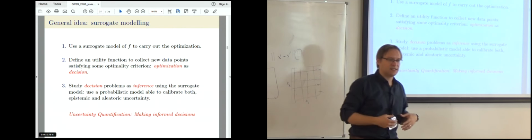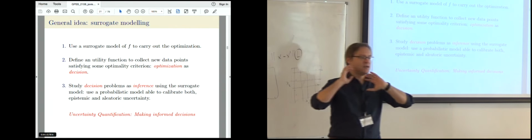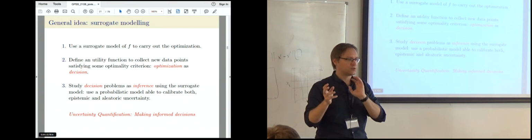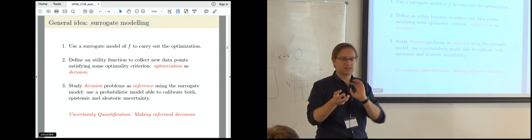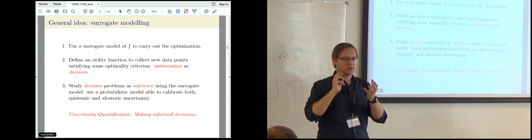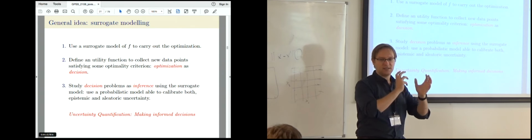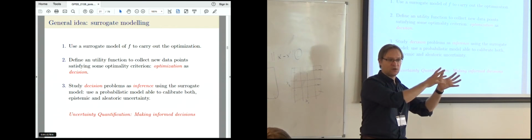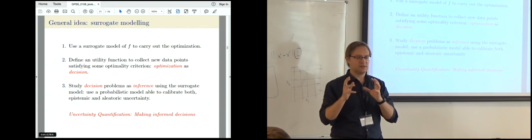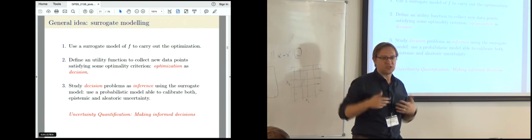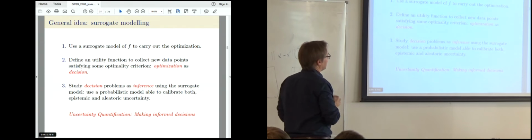We are going to replace that model by a Gaussian process because we know it's very fast, we have gradients, we can compute things, we can calibrate uncertainty, and we are going to make decisions about what happens in the real world by using the machine learning model that is able to predict what happens in the real world or in the simulator that we may be using for that.